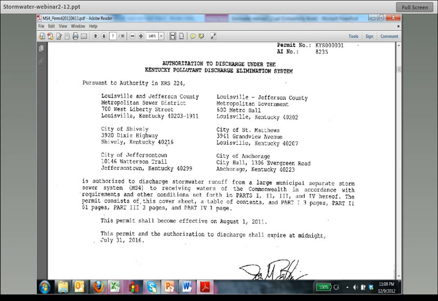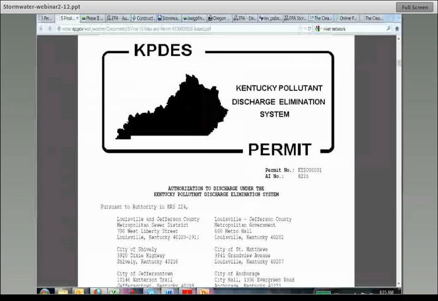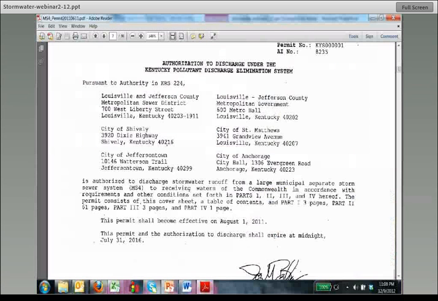Within the permit, and we're not going to go through the elements of a whole permit here, you will have the pieces that were listed in that previous slide, listing how they're dealing with the mapping of outfalls of pollutants, how they're detecting and eliminating illicit discharges, and what they are doing to develop an industrial program.